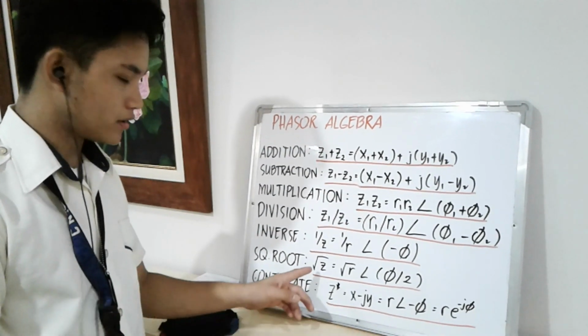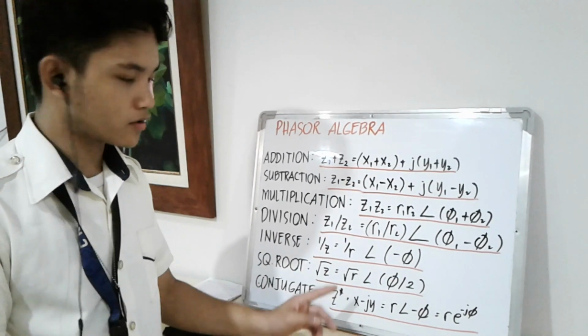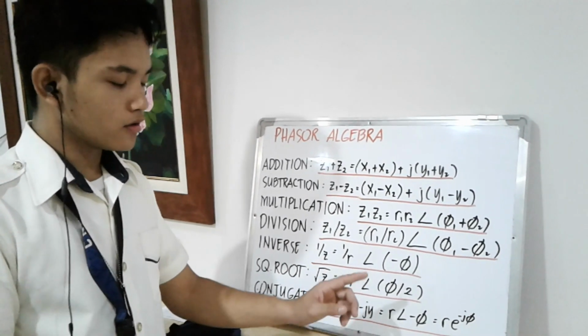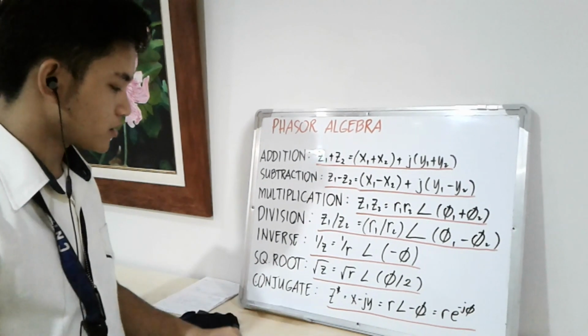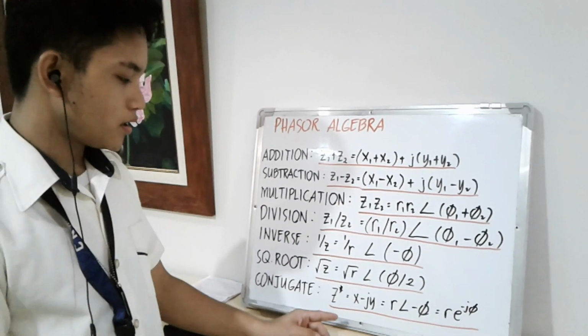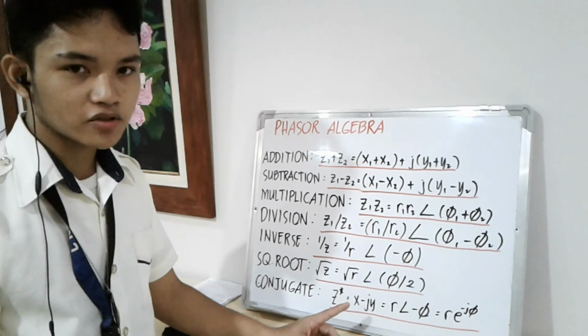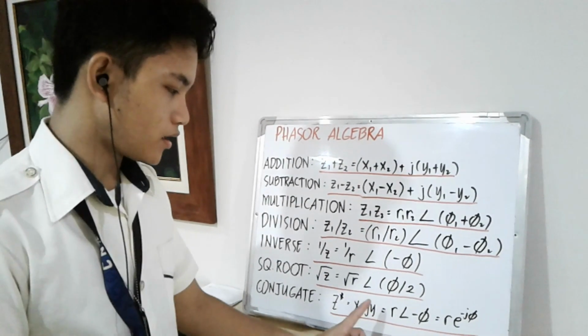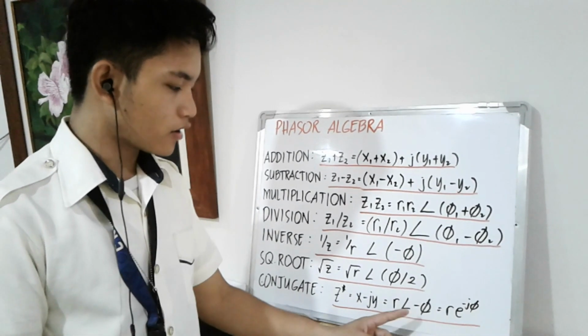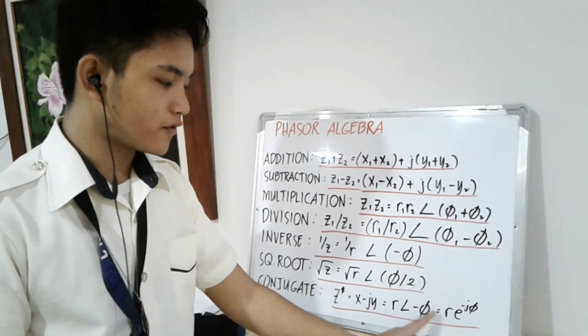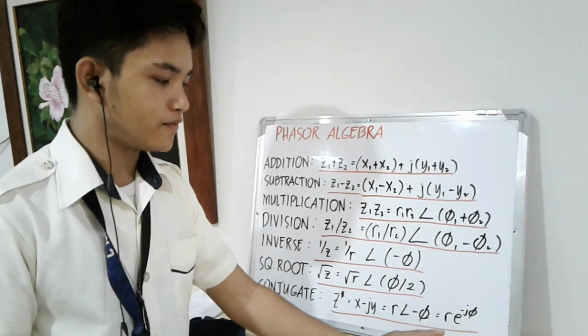The square root of z is equal to square root of r angle phi over 2. Then the complex conjugate: z is equal to x minus jy, which is equal to the polar form r angle negative phi and the exponential form r e to the negative j phi.